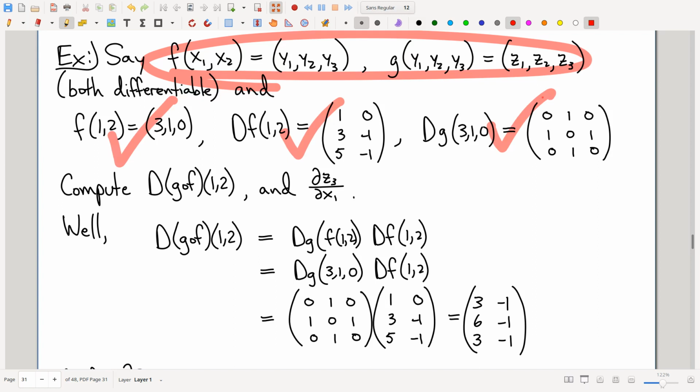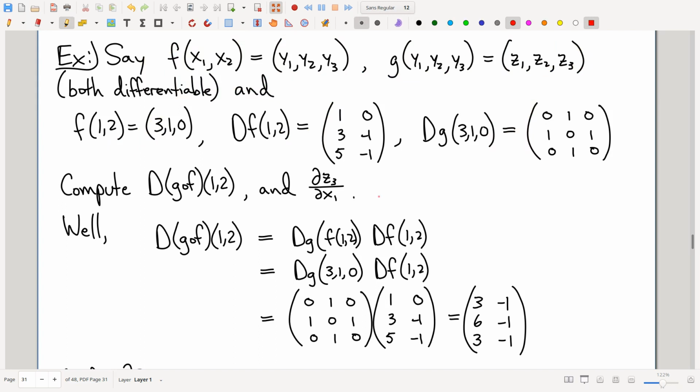So that's all given as well. And with all of that set and given, we want to compute this derivative matrix and this partial. Okay, does everybody see the question? We'll come back to the partial business. For the moment, let's talk about the derivative matrix.